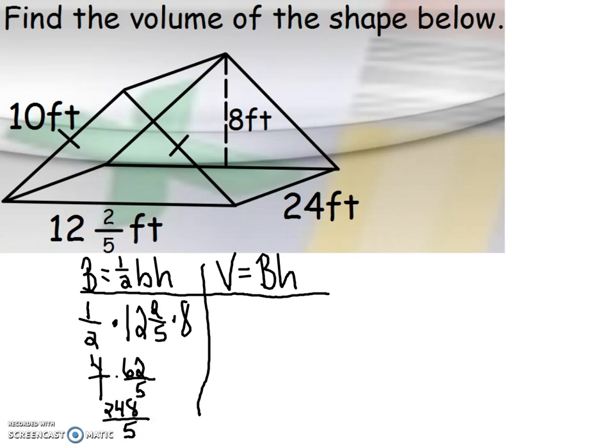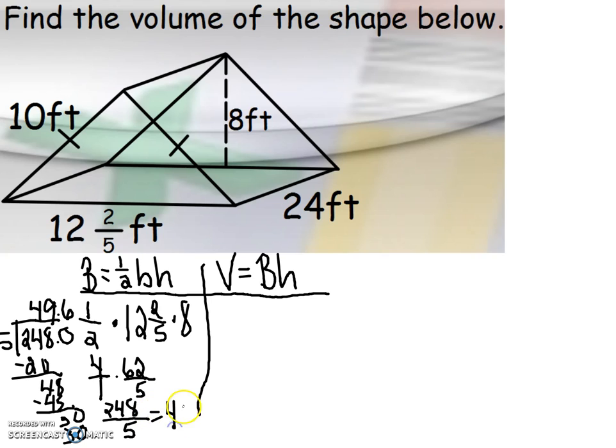So 248 divided by 5. Well, let's do that off to the side. 5 can go into 24 4 times. 5 can go into 48 about 9 times. 5 times 9 is 45. I subtract, decimal, decimal, 0. 5 can go into 30 6 times. So we have 49.6 feet squared.